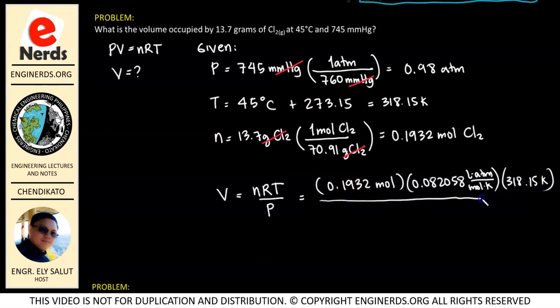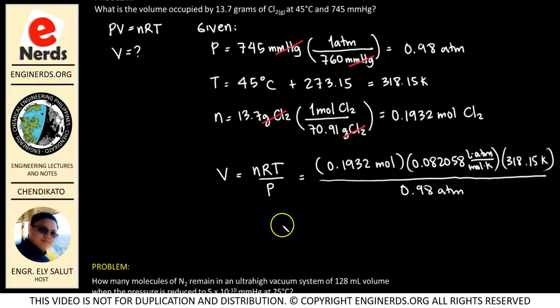And then our denominator for pressure, we have 0.98 atmosphere. Alright, so now let us check our units. So number of moles will be cancelled out, temperature will be cancelled out, and atmosphere will be cancelled out. So ang unit na may iwan is liter.